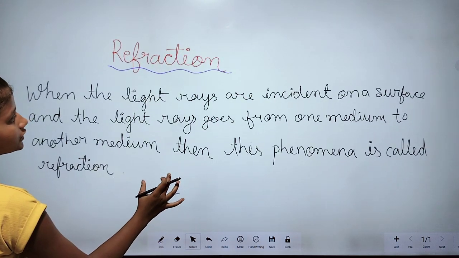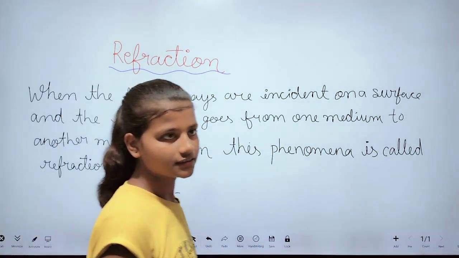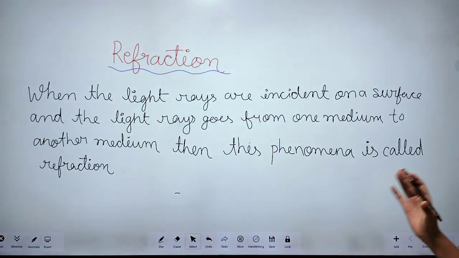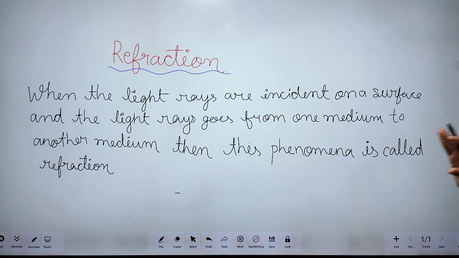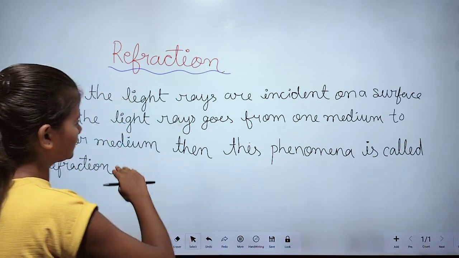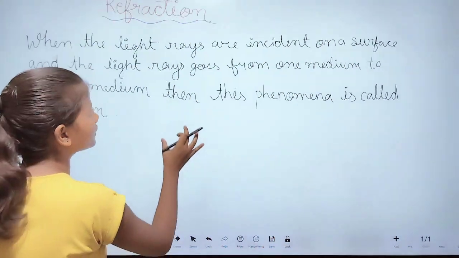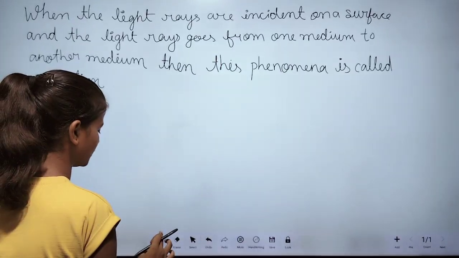What is refraction? When the light rays are incident on a surface, then the light rays go from one medium to another medium. Then this phenomenon is known as refraction. Let's see here.